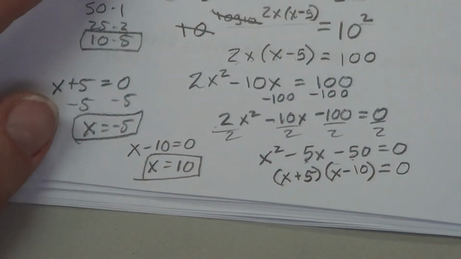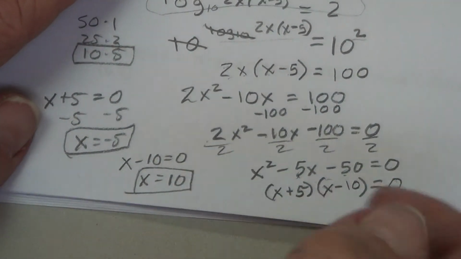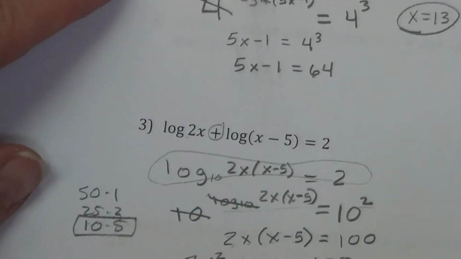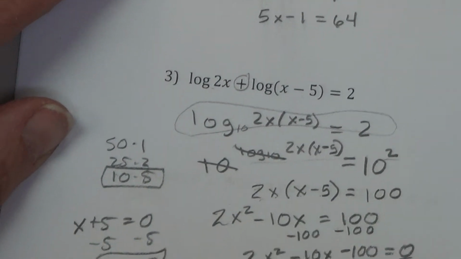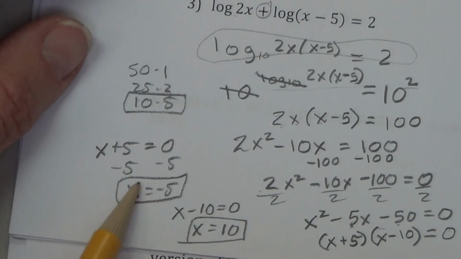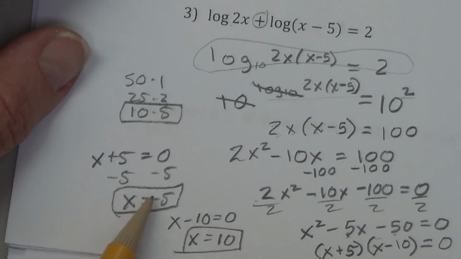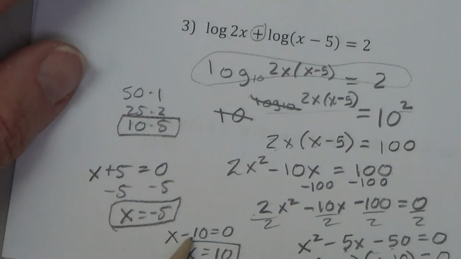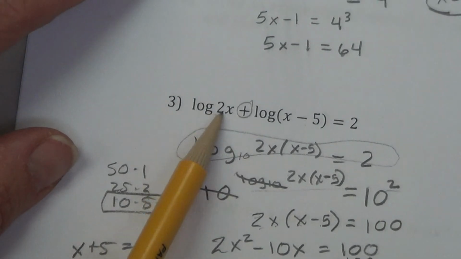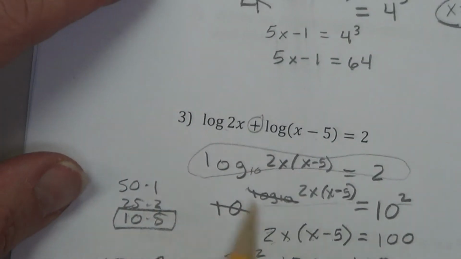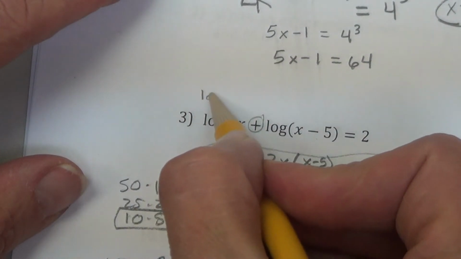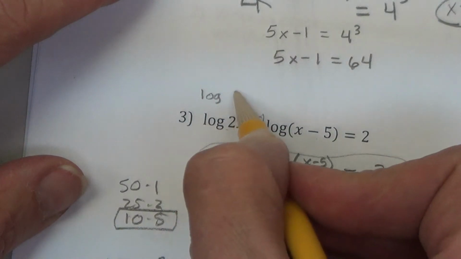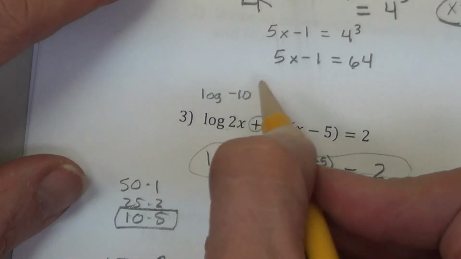Now, with these kind of problems, we always have to check for extraneous situations, which means extraneous solutions are solutions that won't make the equation true. We've done all the math right, but they won't make it true. So we come up here and we plug in that negative 5. That would make it log 2 times negative 5 would be negative 10.